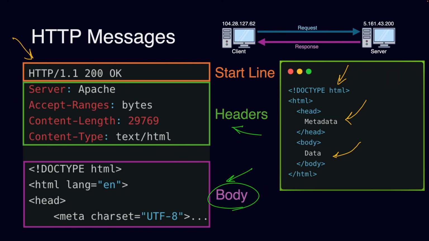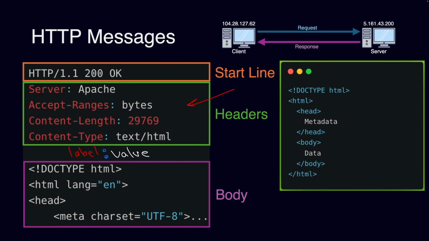For example, we have the content type mentioned as text HTML, and we see that the body holds HTML text. Take a look at the header section. We have the information here structured using label value format. Very simple, like this. Even though this HTTP message looks different from this HTML file, the fundamental idea behind its creation is the same.